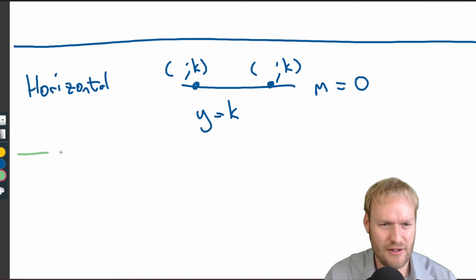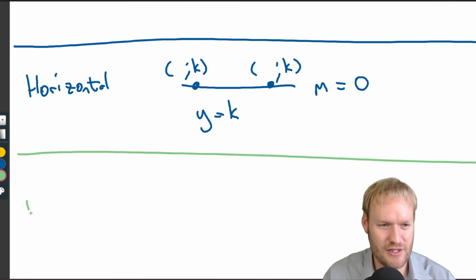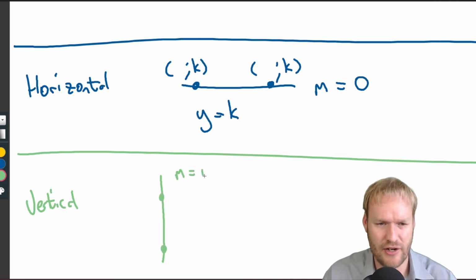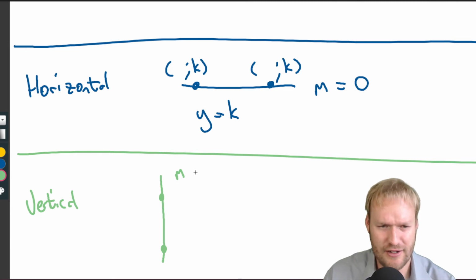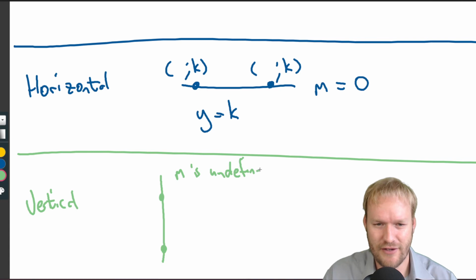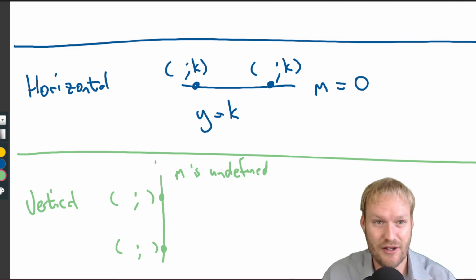And then the other line that may be interesting is a vertical line. In this case, the line would go like that. Now, we already said in a previous video that our gradient here is undefined. I don't want to say equals undefined. That feels a bit strange. It is undefined. So if we look at these points here, the thing that's not changing is the x value.